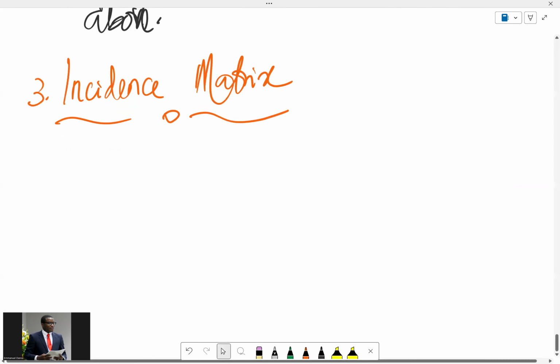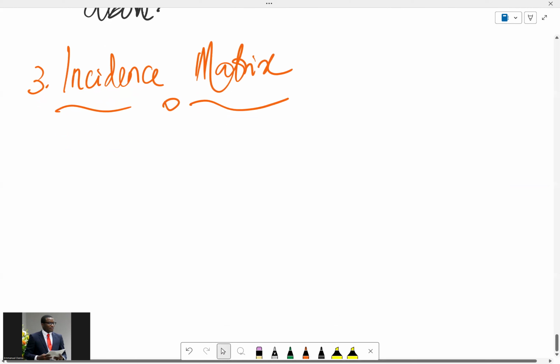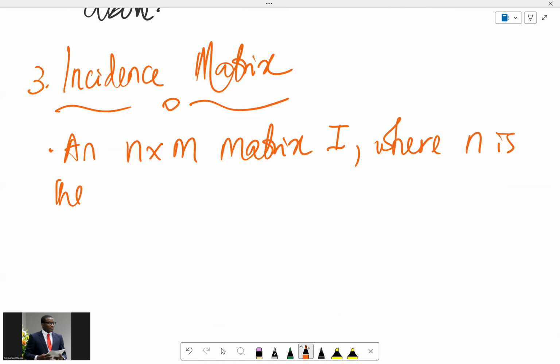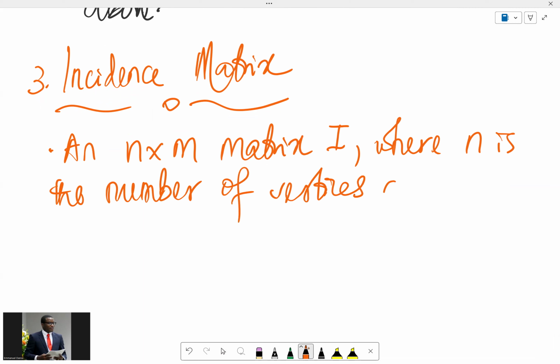Okay. So here you have an n by m matrix, where n is the number of vertices and m is the number of edges.